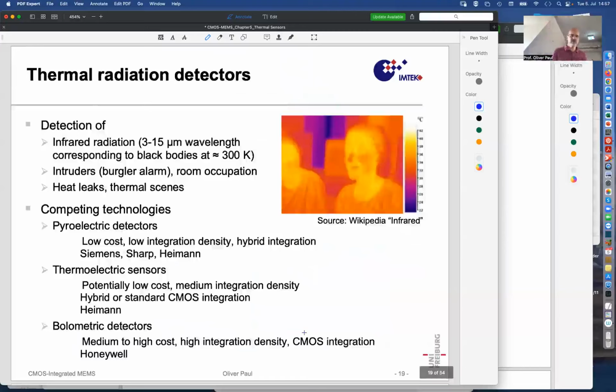So let's talk about thermal radiation sensors, detectors. We have here an infrared image from Wikipedia, but many focal plane arrays produce images like that. I also had a building physicist analyze the heat losses from my house.